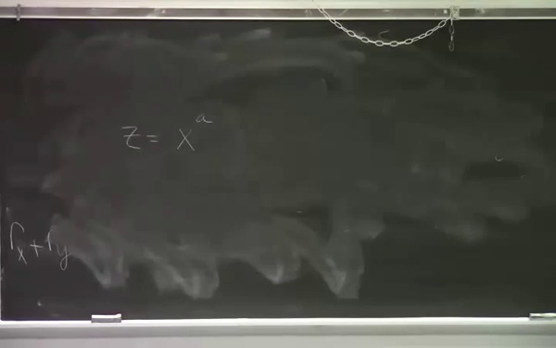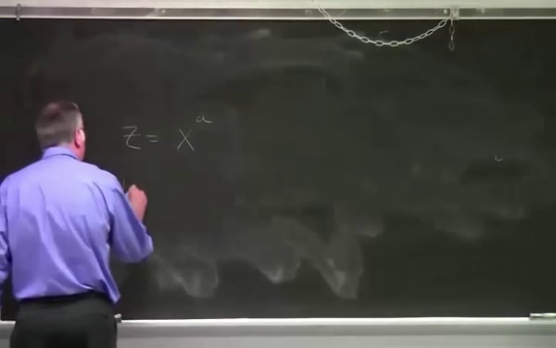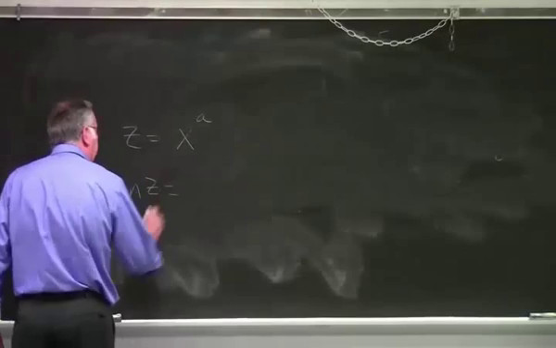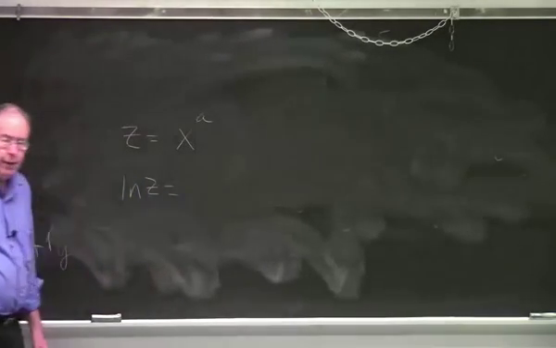I'm sorry, I didn't hear you. Johnny, did you say something? Oh, take the log. All right, who said take the log? Jay, that's right. Okay. So take the log of both sides. Take the natural log, and you get the logarithm of z is equal to what, David?